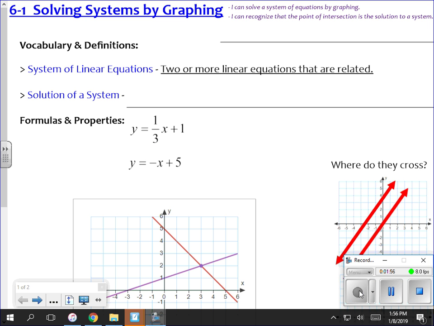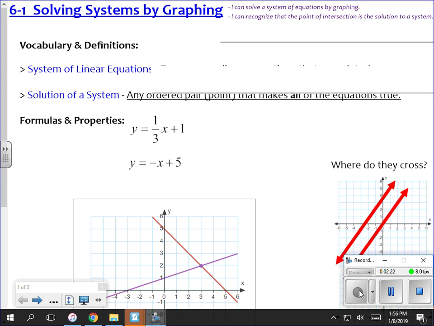But I've done linear systems with 4, 5, and 6 variables. Does not mean that I have graphed in 4 or 5 or 6 dimensions. That's not what that means. What that means is the variables are all single power variables, x, y, z. No squares, no square roots, no fractions in them, nothing like that.